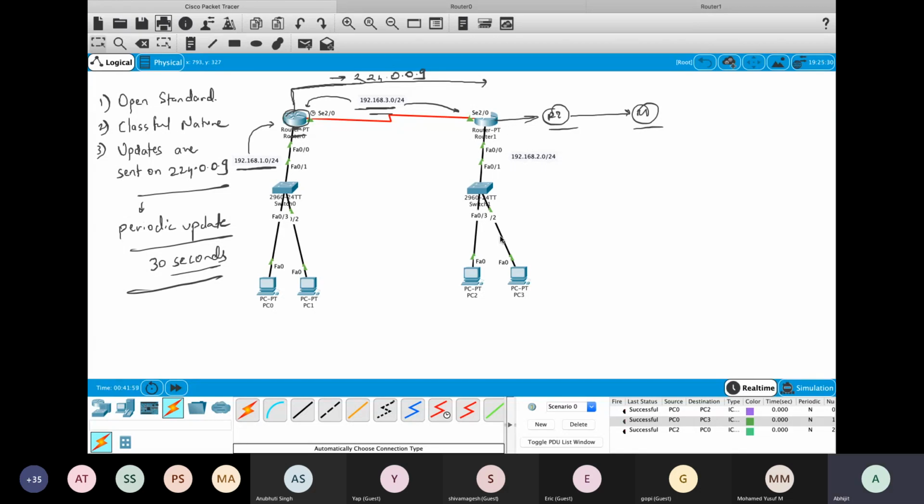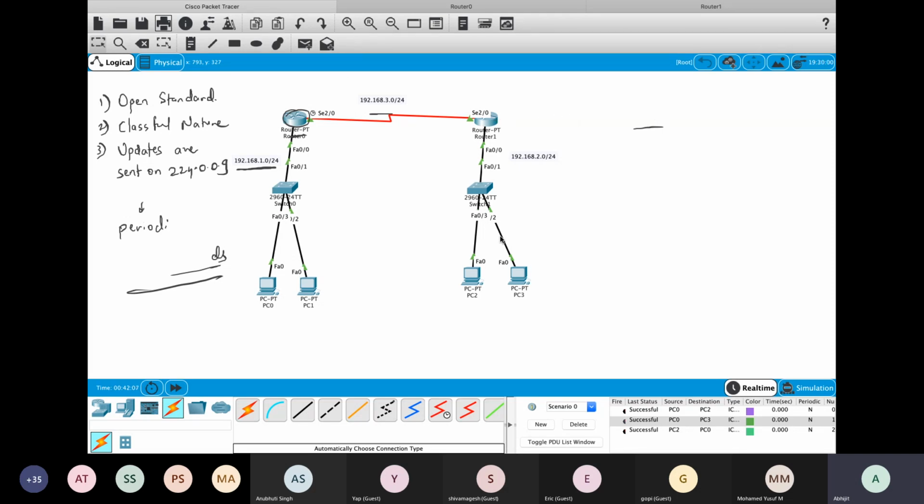It consumes bandwidth that it should not consume, because even if there are no changes inside your network, your routing information protocol is going to exchange the routes every 30 seconds, no matter what the network has been performing. You understand what I'm saying? So that's one of the characteristics there.